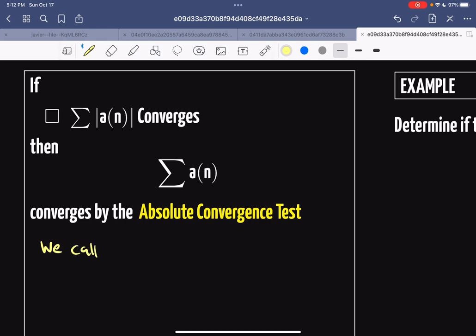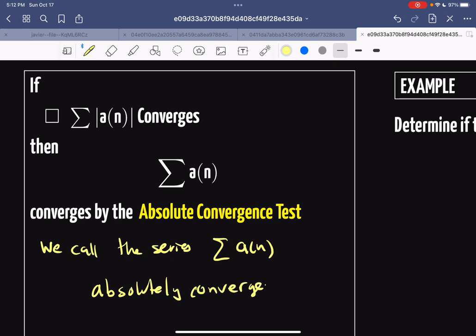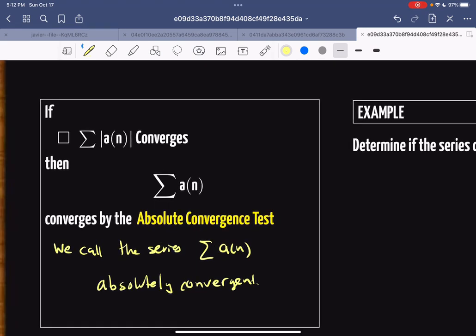We call these series absolutely convergent. And that's kind of important because they'll have very special properties when the series is absolutely convergent. Amazing properties, which we'll get to later.